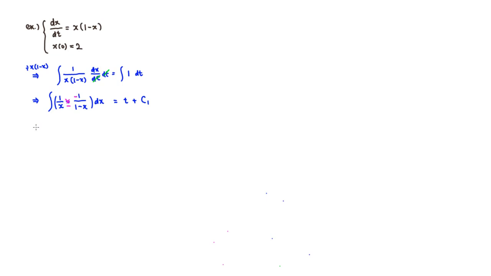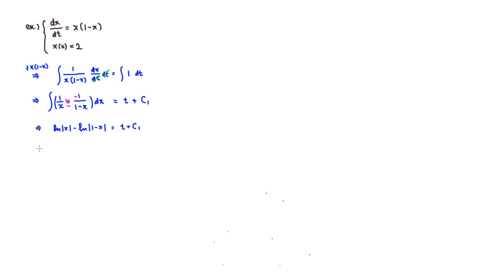If you find the antiderivative, you're going to get the natural log of the absolute value of x minus the natural log of the absolute value of 1 − x. This is still the same thing as t plus c1.